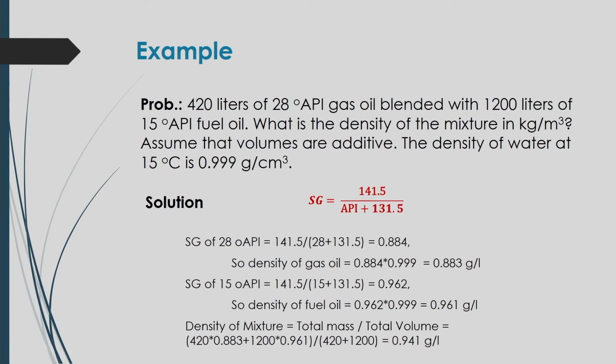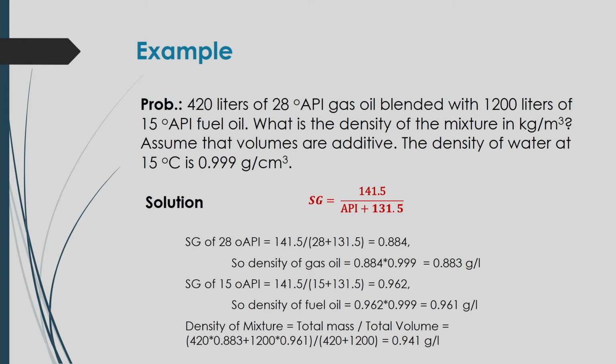Now, let us see an example to calculate the specific gravity of a petroleum mixture based on degree API. Suppose 420 liters of 20 degree API gravity gas oil is blended with 1200 liters of 15 degree API fuel oil. What should be the density of the mixture in kg per meter cube?